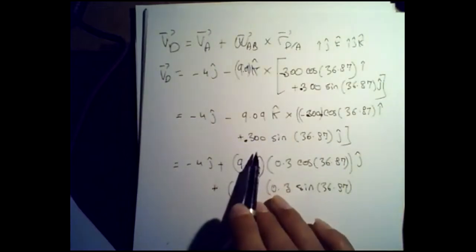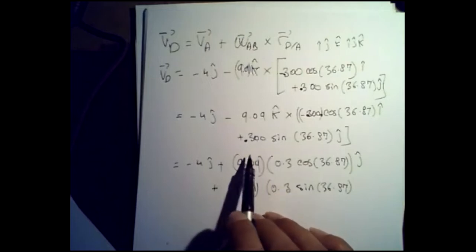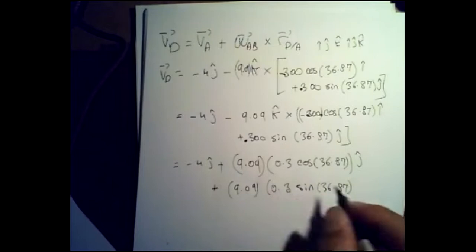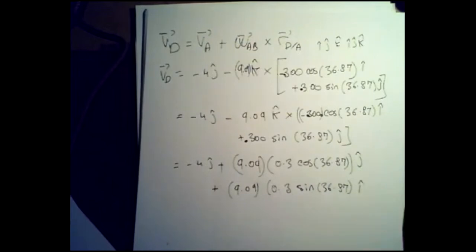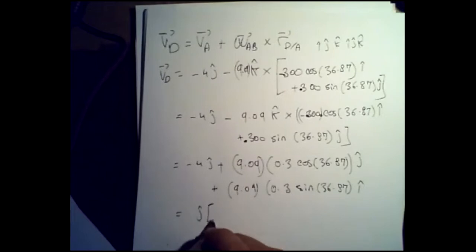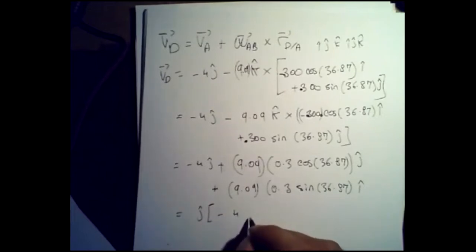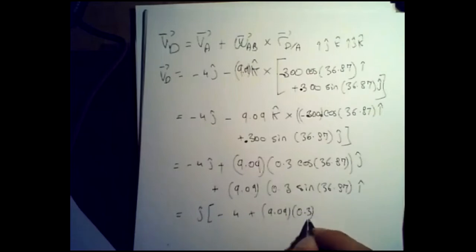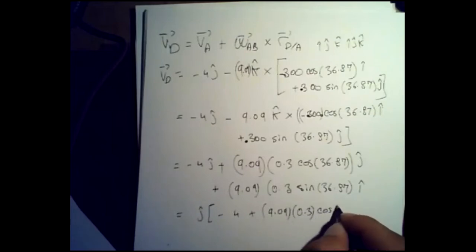And here, k cross j is equal to minus I, so minus, and this is going to be in the I direction. If we continue from here, j is going to be equal to minus 4 plus 9.09 times 0.3 times cosine.